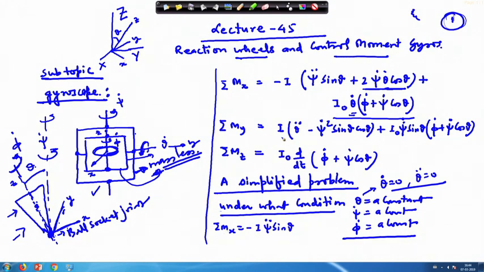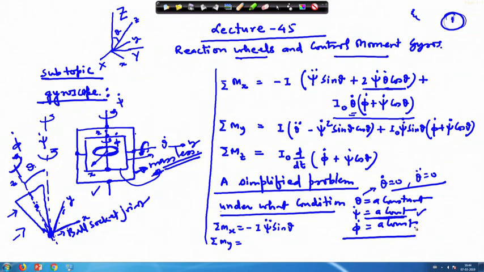If we look here, from there we will have E m y. Now, one more thing, here psi double dot is also 0, psi dot is constant, because this condition we have not yet taken. Psi dot is constant, we are assuming here a simplified problem.